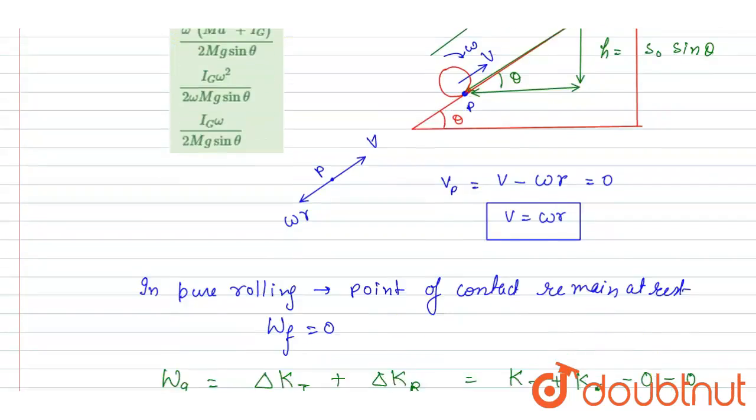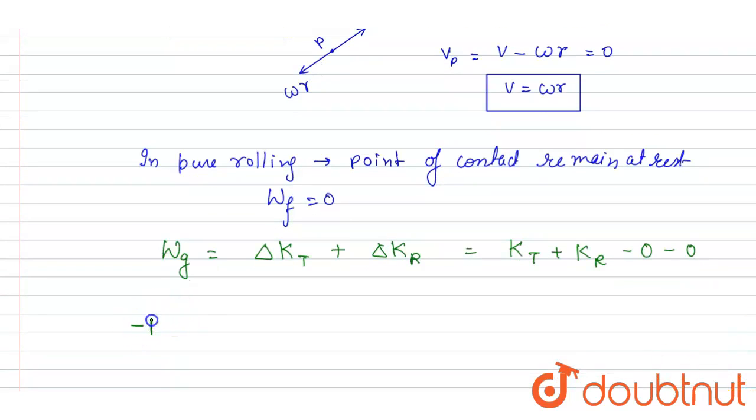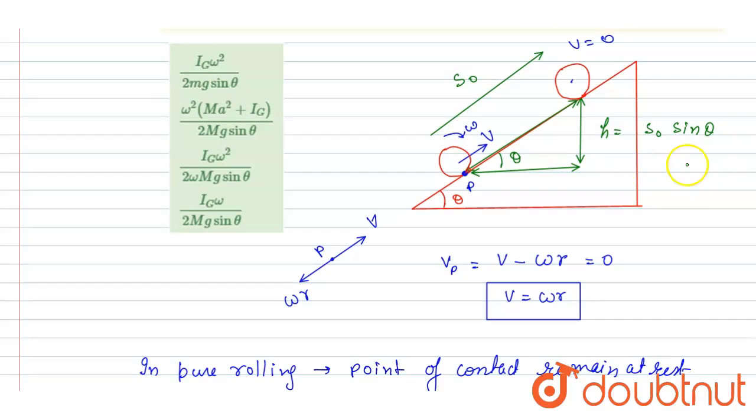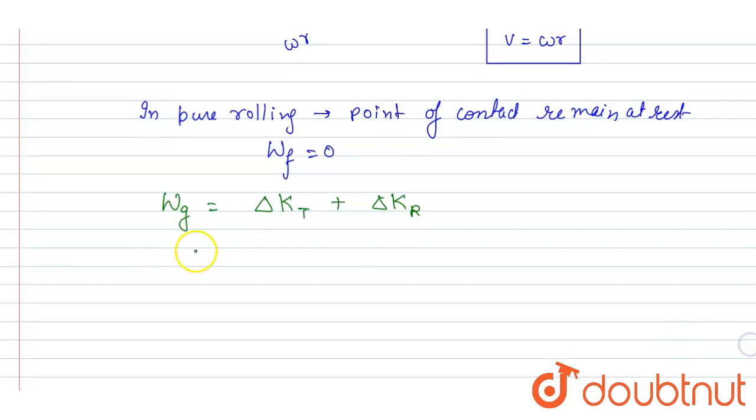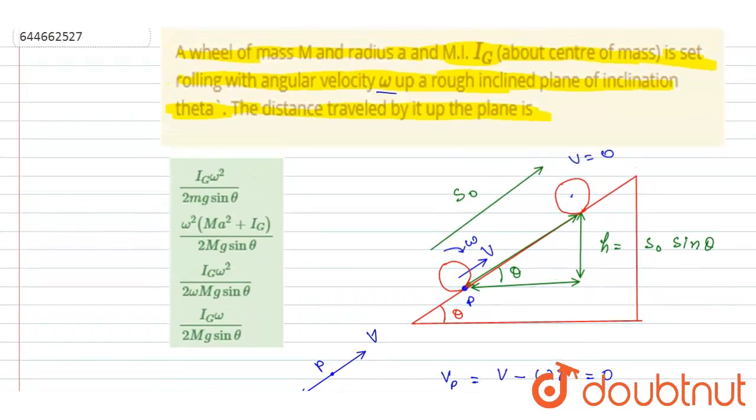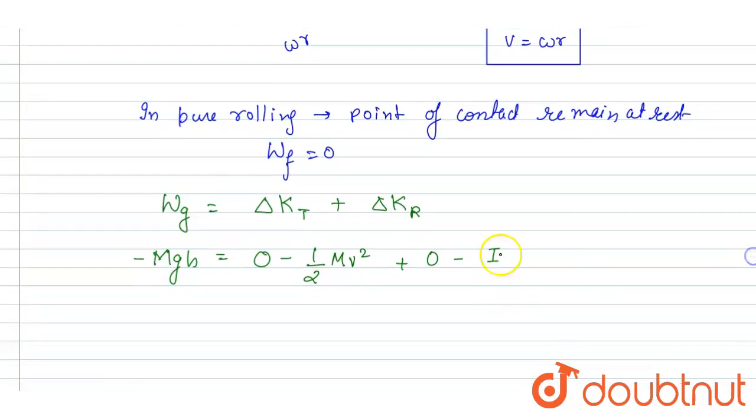So I will write work done by gravity is minus mgh, as it goes up opposite to the gravitational field. So minus mgh is equal to the change in translational kinetic energy, half m v square, plus rotational kinetic energy, half I omega square. So I about the center is given as Ig, so I will write half Ig omega square.